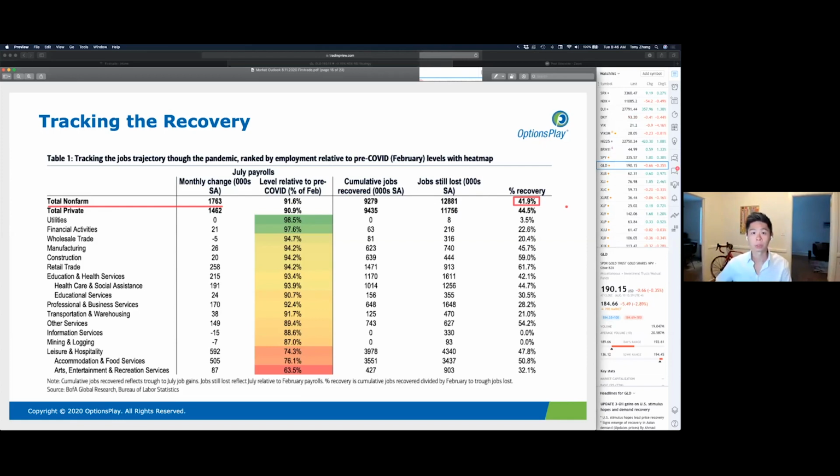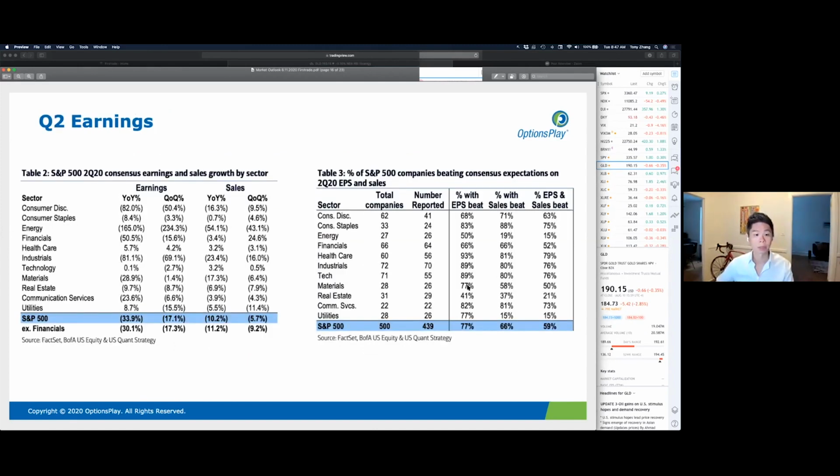We'll have to see where those numbers come in and whether they come in still above consensus, but certainly there is a slowdown here. But just to put into perspective, only 42% of the jobs that have been lost have been recovered. That is far from back to normal. That is a big concern to me.